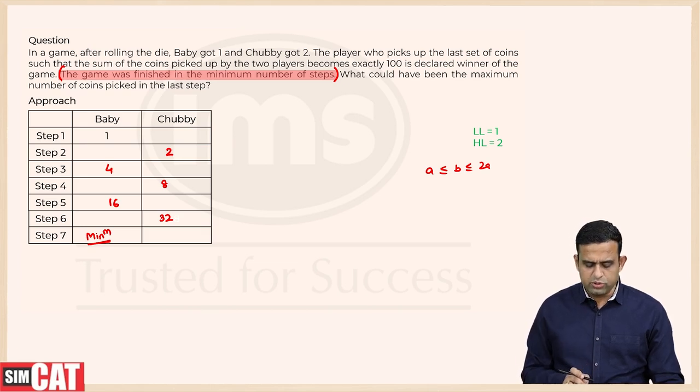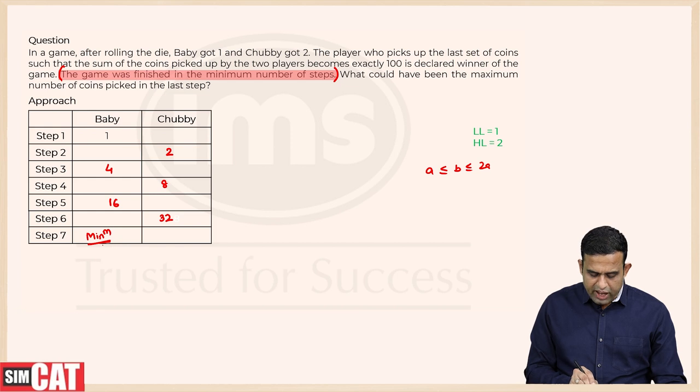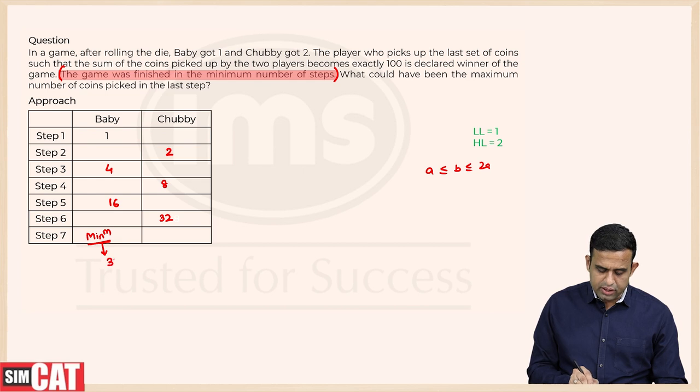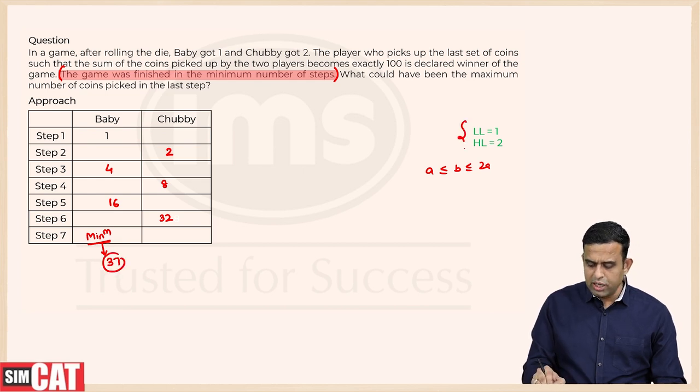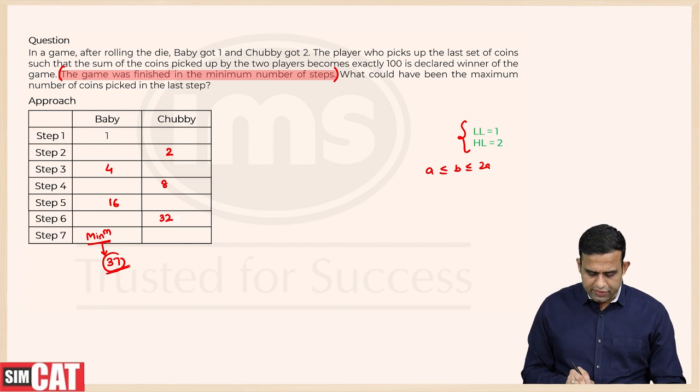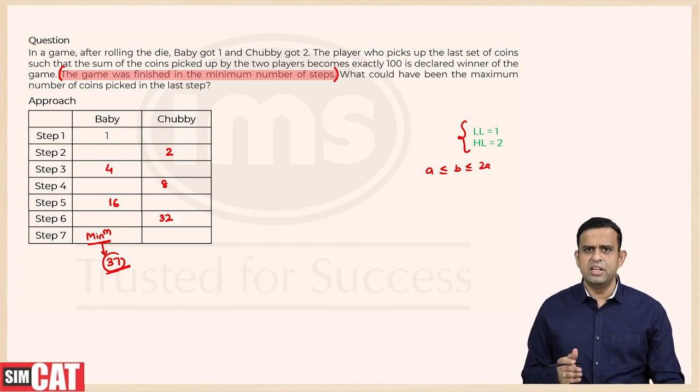And the total for steps 1 to 6 comes out to be 63, which means the minimum value of coins which can be picked in step number 7, so the game ends, will be nothing but 37, with the lower limit as 1 and the higher limit as 2 over here. So 37 is the minimum that we can easily figure out.